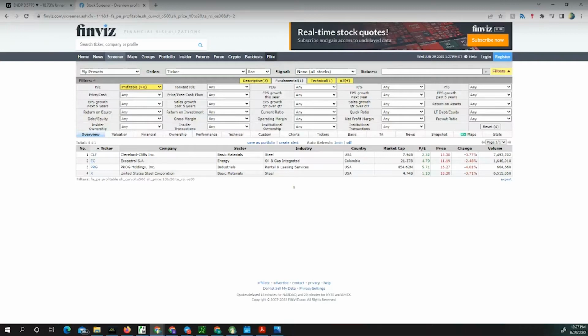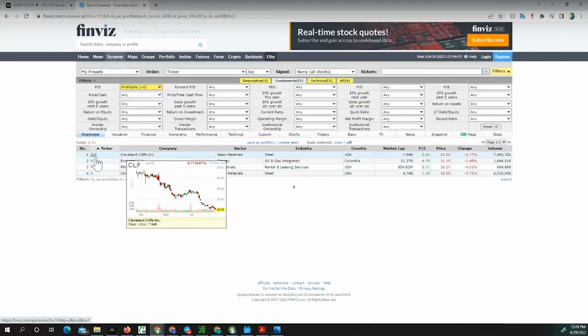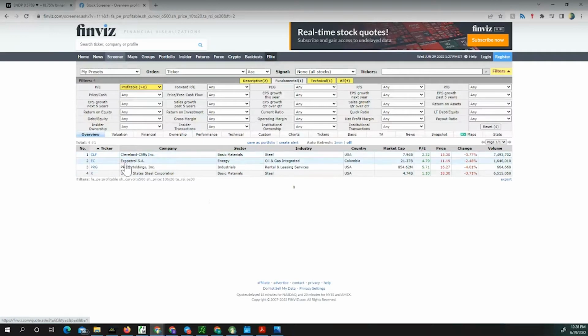So you have your list of stocks. You want to look further into these stocks, and you say, okay, let me look at the first one, which is CLF, Cleveland Cliffs. And you want to know, is this stock good for buying? Through technical analysis, because you've put in some of the fundamental analysis through the screening, and now you want to see technically, is it good or not?